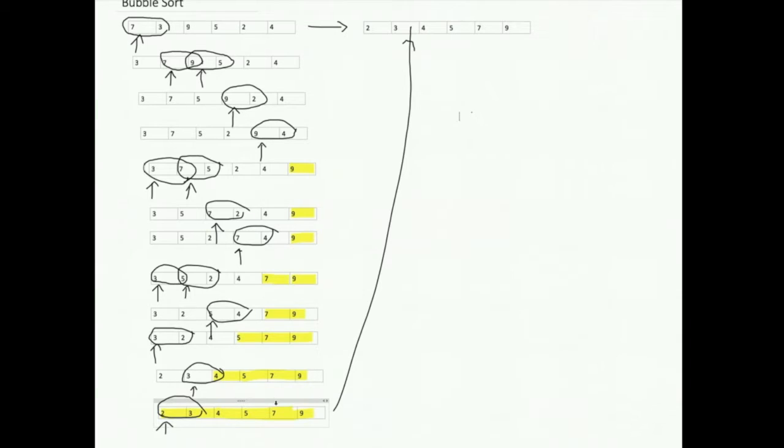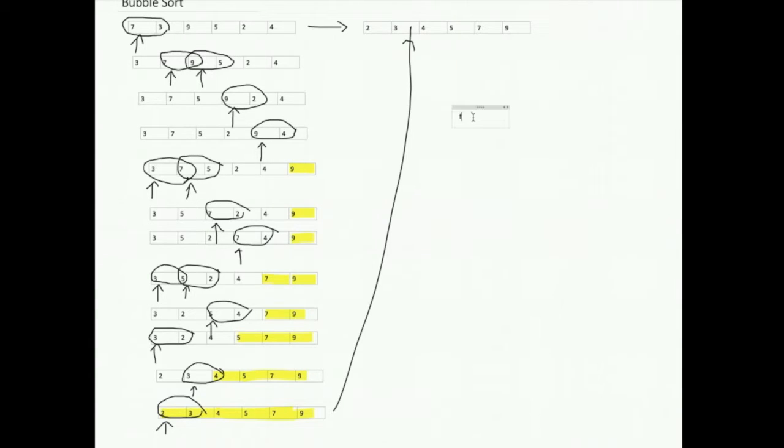And inside that, we need a for loop which will run from index 0 to the number of elements, which is 6 now, minus the first array's index minus 1. So let's implement this pseudocode.